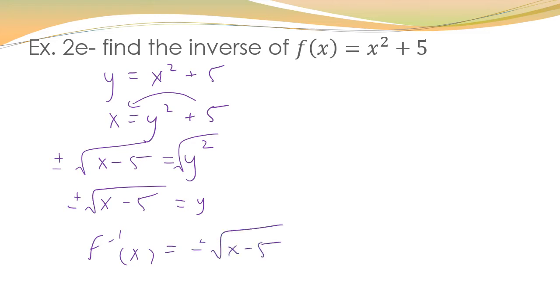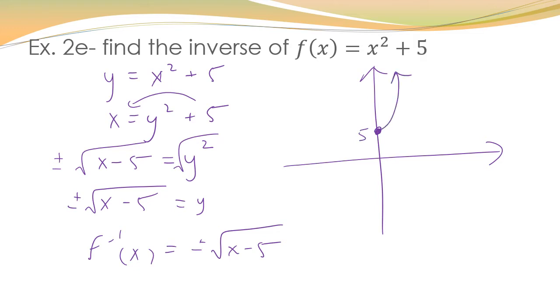Let's think about this for a second. Graphically. So x squared plus 5, that's just a quadratic, has its vertex on the y-axis at 5, and opens up. There's f of x. Algebraically, we got plus or minus the root function.